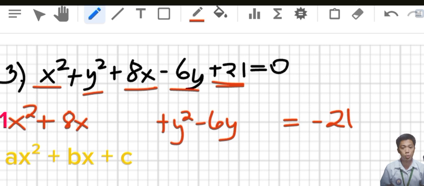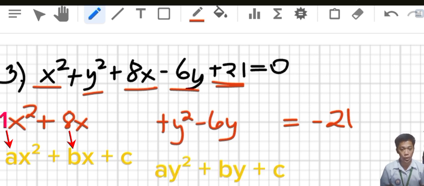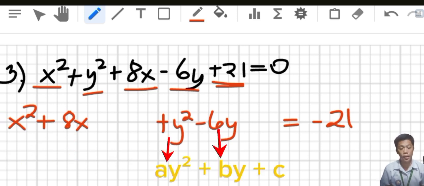Let's identify first the coefficients, where a is 1, b is 8, and c is unknown. So we are going to apply the concept of completing the square. For y, we have also a is 1, b is negative 6, and c is unknown.